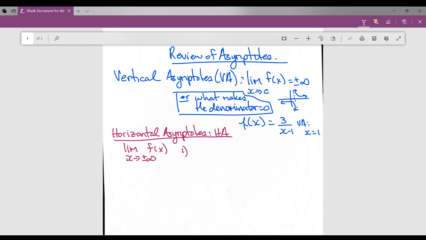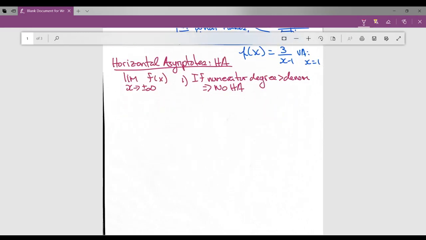First one was if the numerator degree is greater than the denominator degree, you get no HA. So the example that they always use, that you would see, would be f of x is equal to x cubed plus 1 over x squared. No horizontal asymptote.